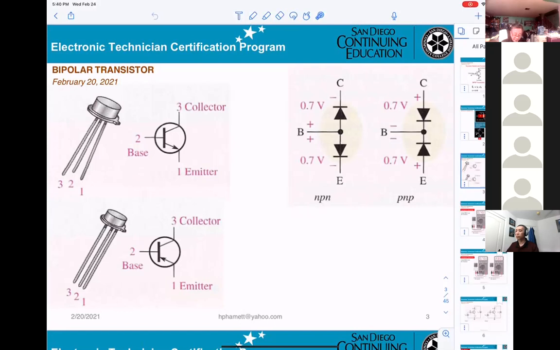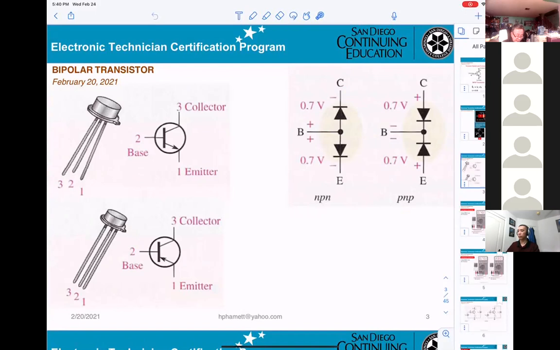So NPN, you get a diode from base to collector and a diode from base to emitter. Most of the time they deal with the NPN. PNP is just the opposite of the NPN.